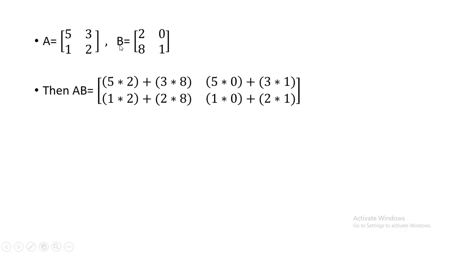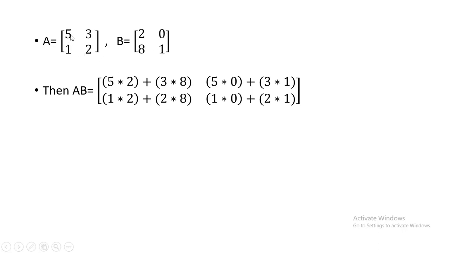If A is multiplied by B, what you're going to do, as it says, is multiply the first row with the first column, then the first row with the second column, then the second row with the first column, and the second row with the second column. Now how do we do that?